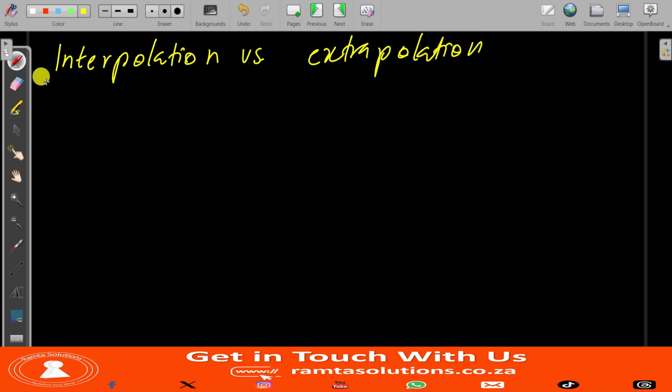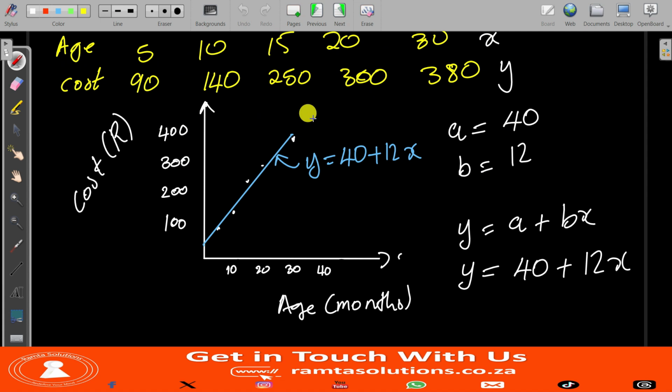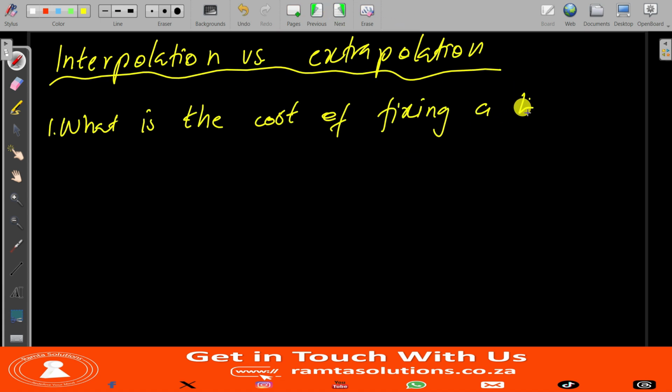So we're going to ask this question. One, what is the cost of fixing a 48 months appliance?